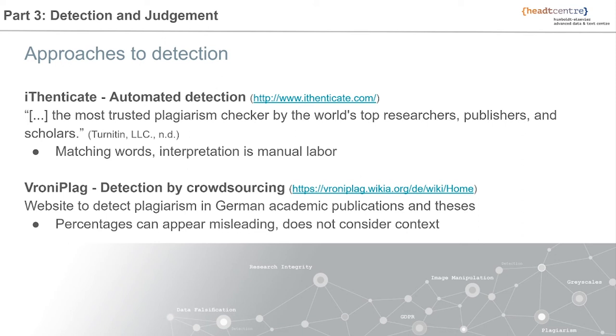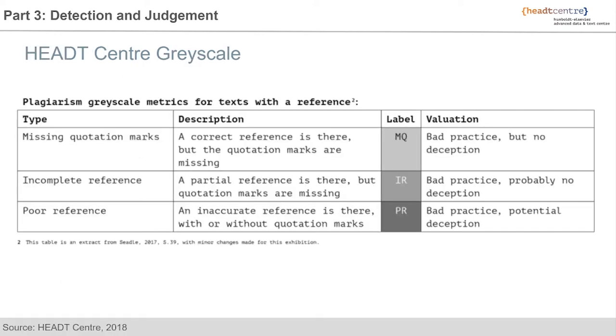Again, there's a lot of interpretation involved. One of the advantages of Ronnieplug is that it has very clear definitions about what it considers plagiarism. These are not necessarily the definitions that everyone would accept. A problem with Ronnieplug is the way it displays the barcode, and we'll take a look at that in a little bit. I just want to say percentages can be misleading here.